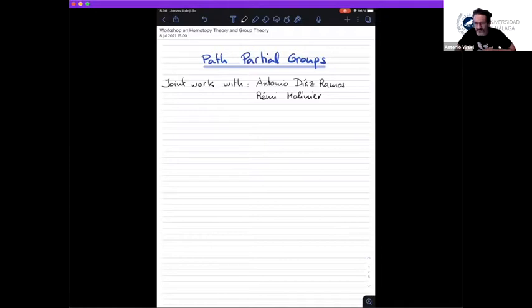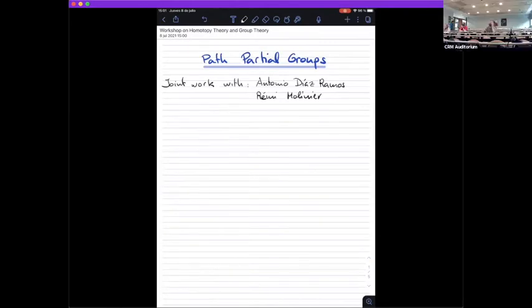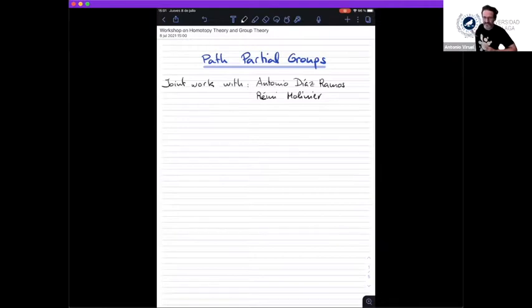Just one little thing. This morning, when Ivo was saying that he had stolen this logo from the CRM, I remembered that I have something most people probably don't know about. This is, I guess, the very first time the logo of the CRM showed up, on a T-shirt that is about 30 years old.